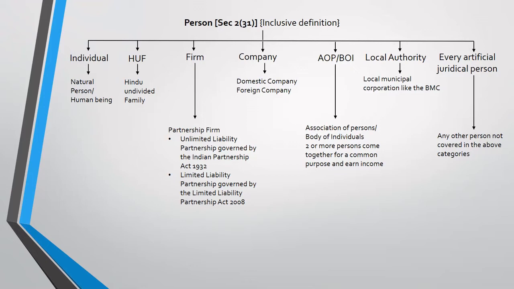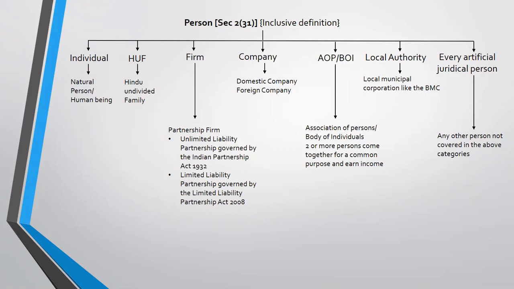Now, as we discussed earlier, the definition of person is an inclusive definition, meaning it will also cover items other than those already mentioned above, if they are of similar nature. For example, a temple or a religious institution is not covered in any other category, so it is covered under every artificial juridical person.